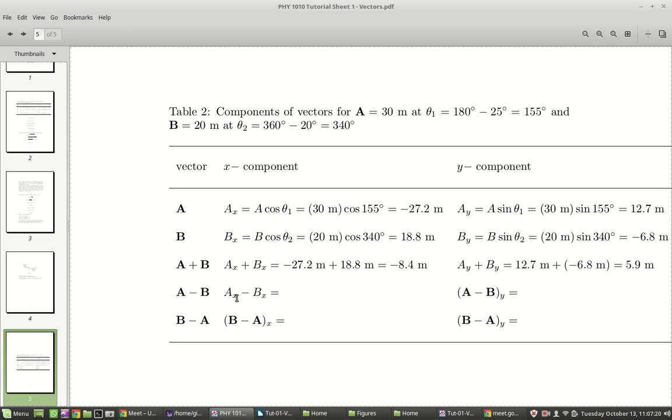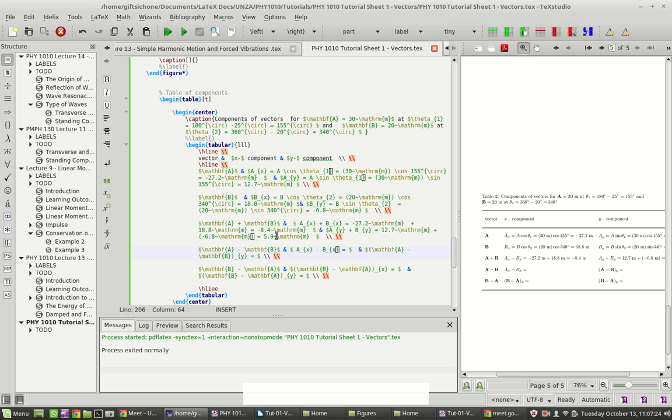So it's going to be ax minus bx, and ax we already have from there.